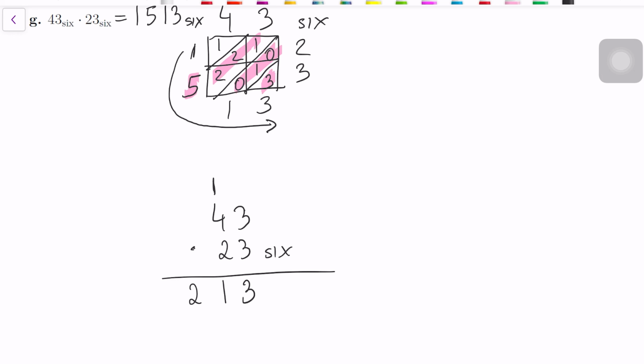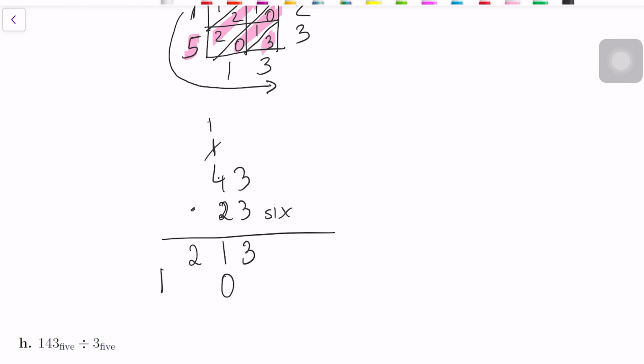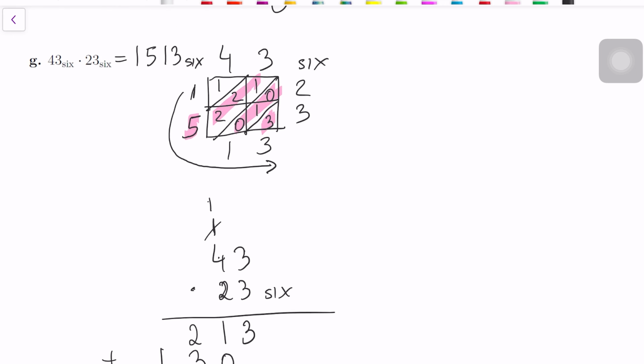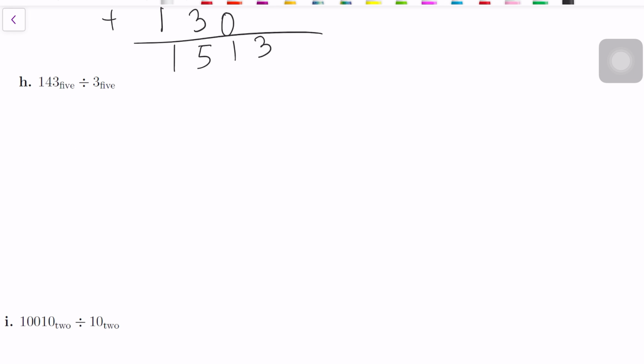And then you multiply by 2. 2 times 3 is 6. That's 0 units, 1 six. 2 times 4 is 8, plus 1 is 9, and 9 is 1 six, 3 units. And then you add it, and you get the same answer as before, okay?